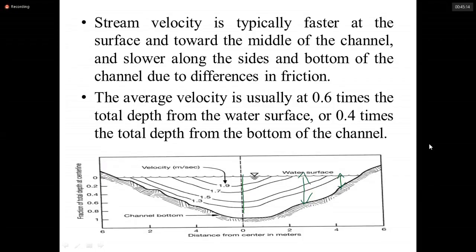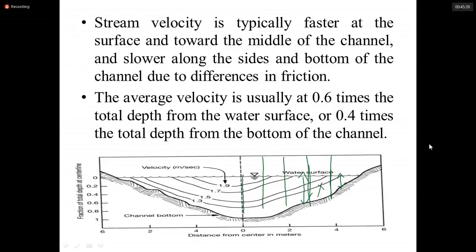So we need to cut down this stream into so many portions to take the velocity according to the depth. And for this depth, we need to take average velocity here. For this depth, we need to take average velocity from here. Likewise, we need to divide it and take the average value.